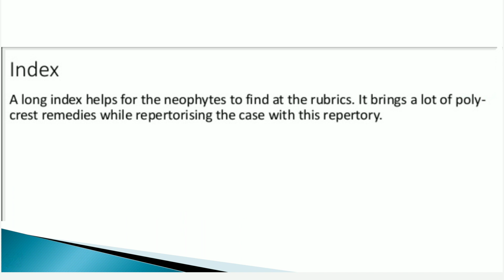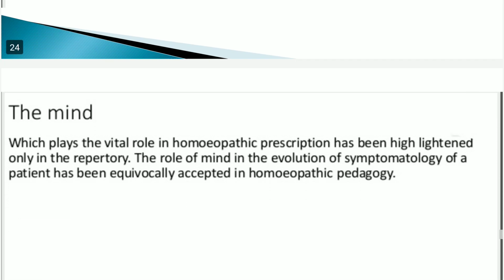Then there is a long index which is given to the rubrics to find out the rubrics. This index is very much useful, especially for the beginners. And after working with the Kent repertory, after repertorization, we get a lot of Polycrest remedies.